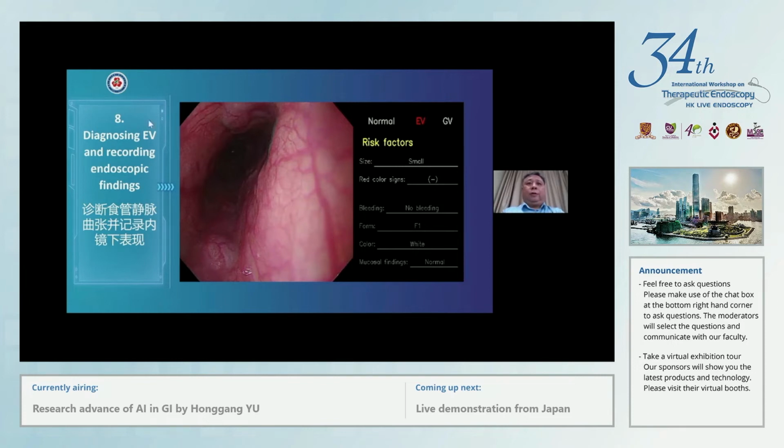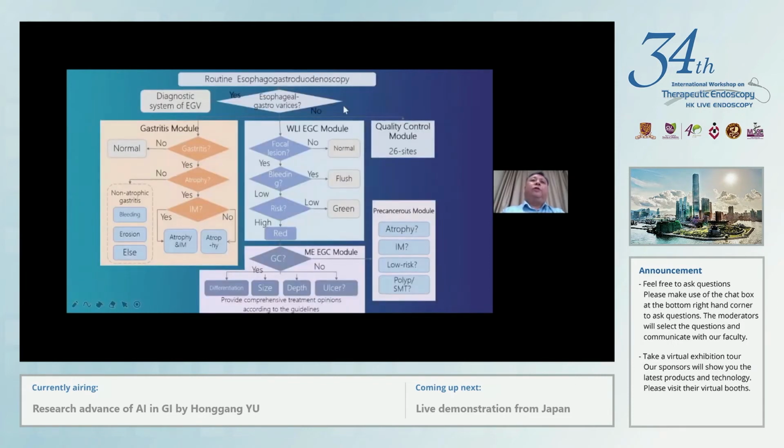This figure shows that we have already developed quite a lot of models, and these models cover almost all lesions in the upper GI tract.